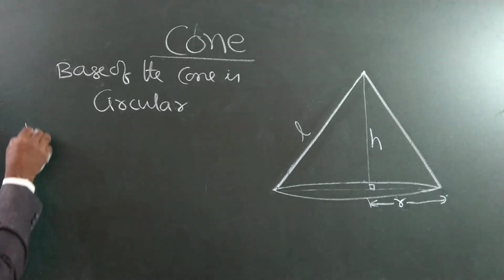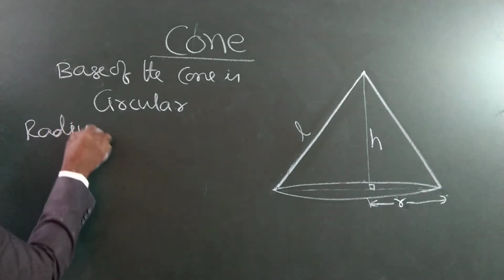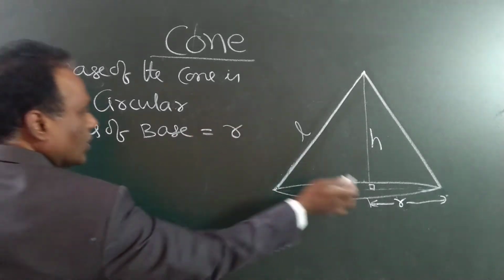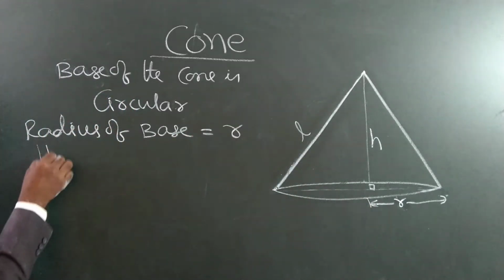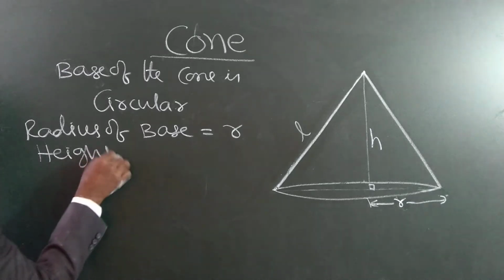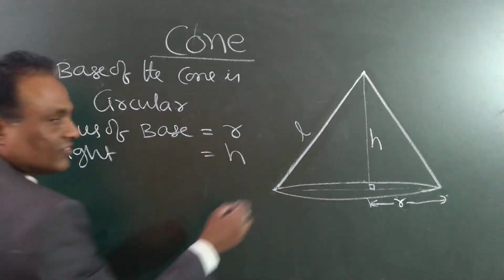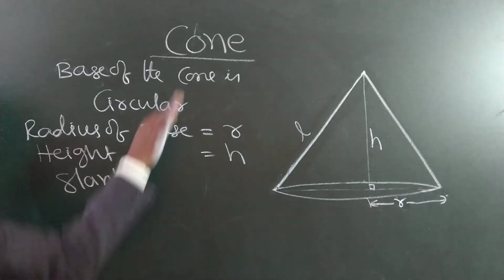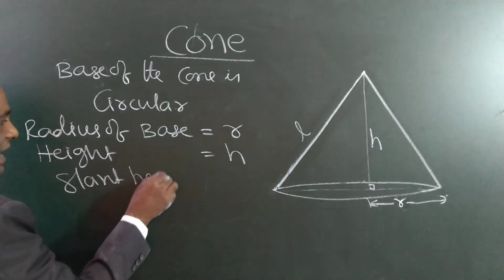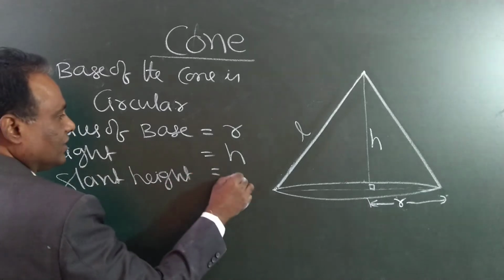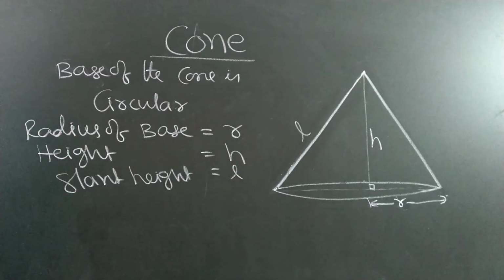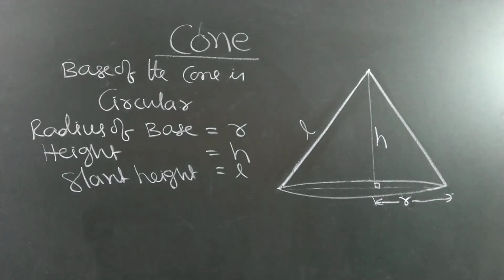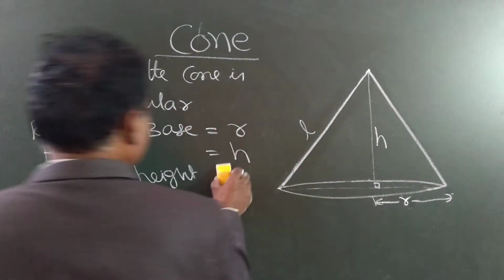So the radius of the base is equal to R. The height is equal to H. This is called the slant height. Slant means cross. The slant height is equal to L.